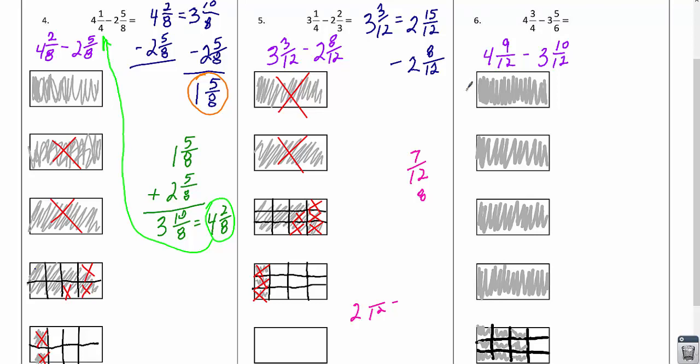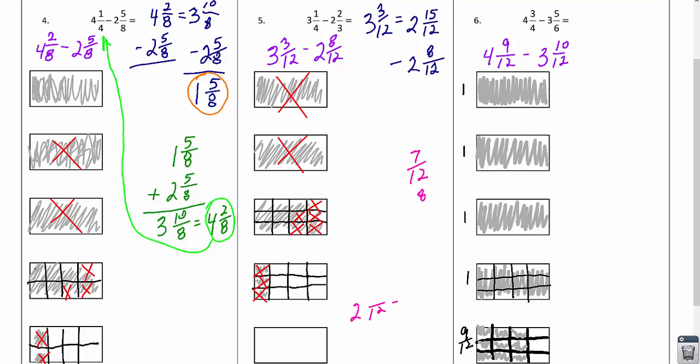So right now I've got 1, 1, 1, 1, 9/12. But I need more 12ths. So I'm going to need to rename this. I'm going to need to take this and divide it into 12ths.